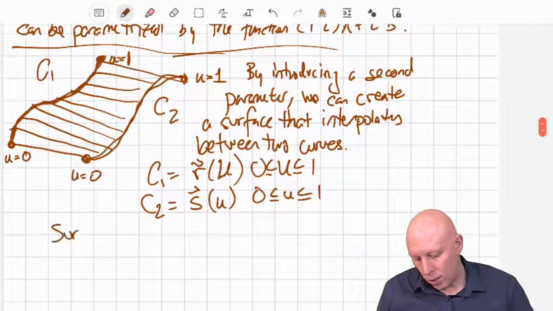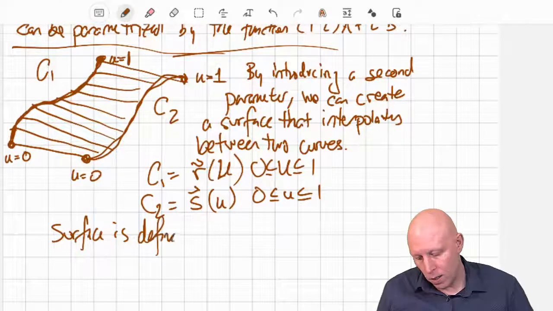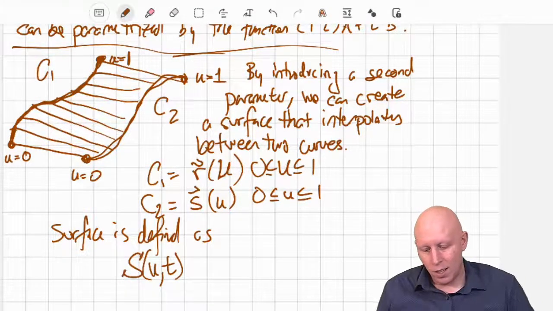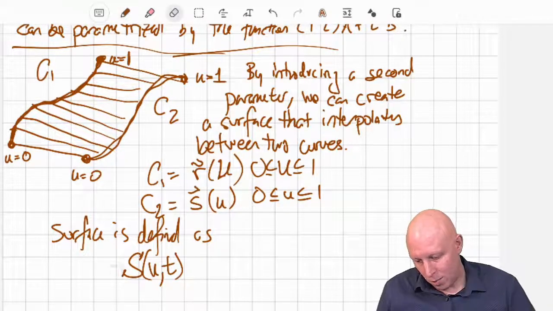Then the surface is defined as, well, I have a capital S, not to be confused, so let me not change it to be S.